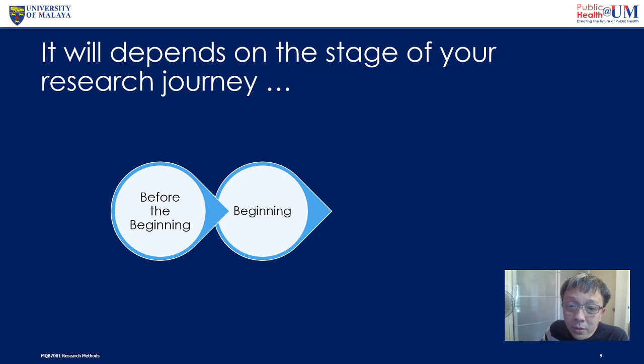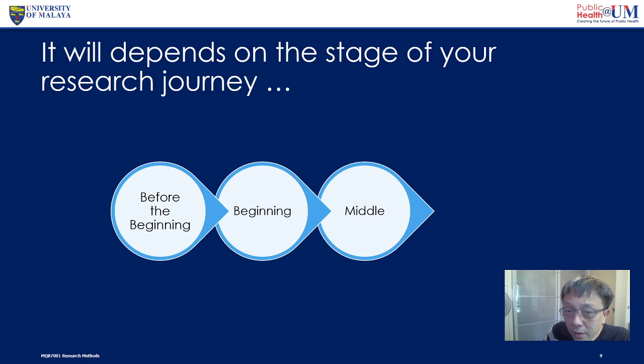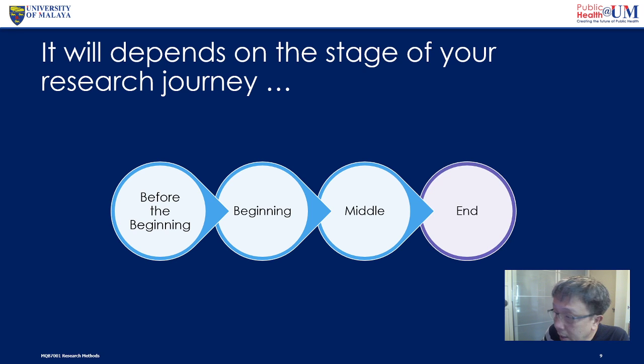Alright, so when you start your research, then in the middle, and at the end, literature review is not just an outcome. It's a process. You need to do literature review from the start until the end. You cannot just say, okay, I do literature review at the start of my research, then I stop.